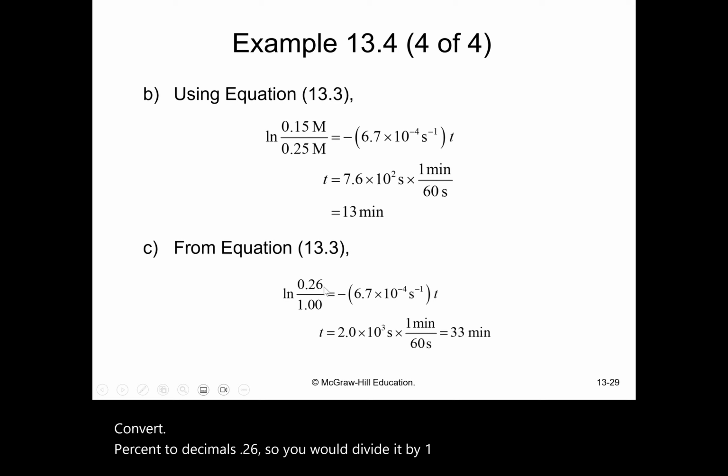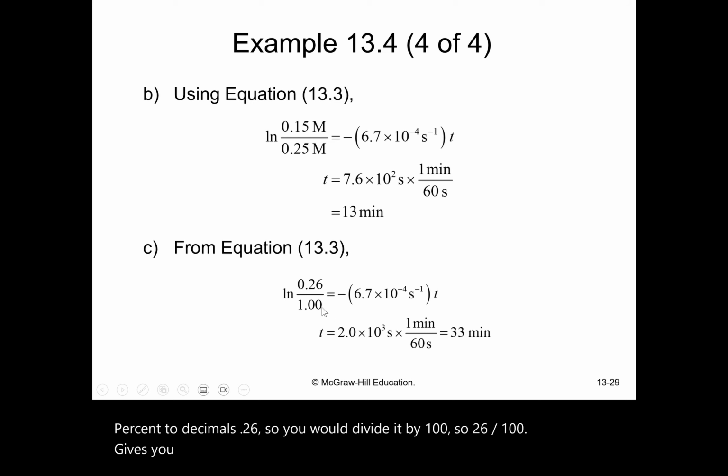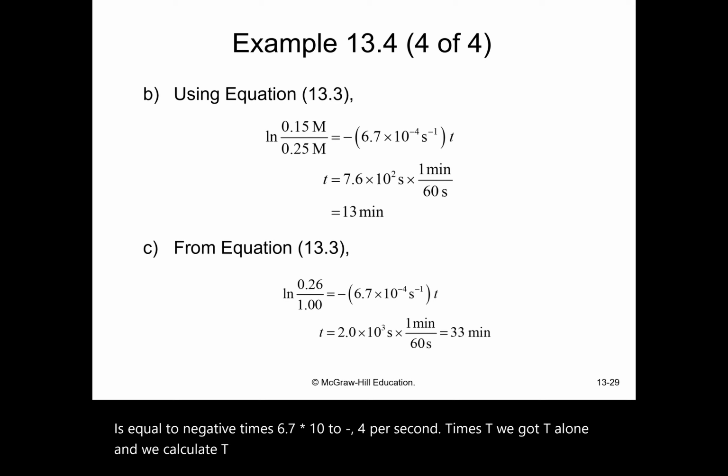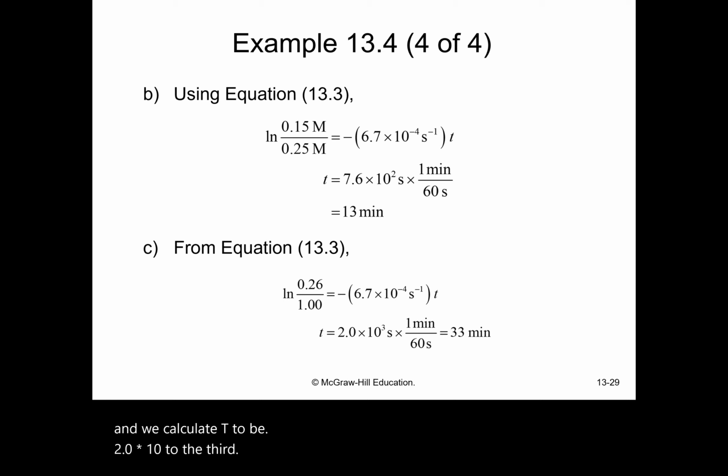So ln of 0.26 divided by 1.0, which is a whole 100%, is equal to negative 6.7 times 10 to the negative 4 per second times t. We get t alone, and we calculate t to be 2.0 times 10 to the third seconds, and we want to convert seconds to minutes, and that would be 33 minutes.